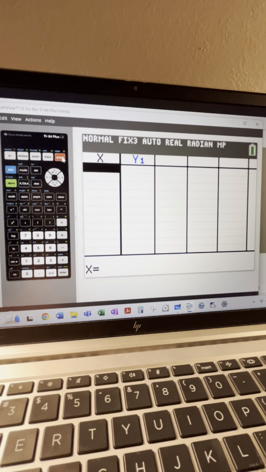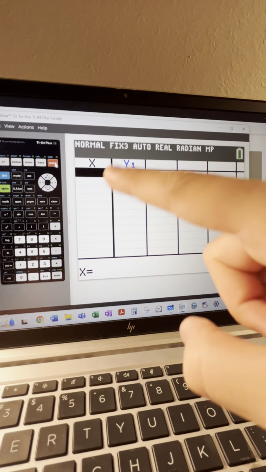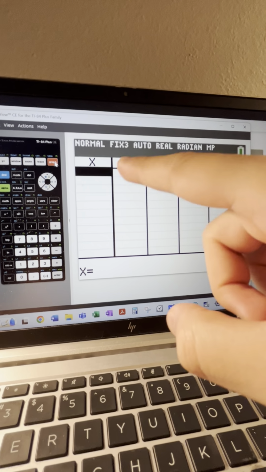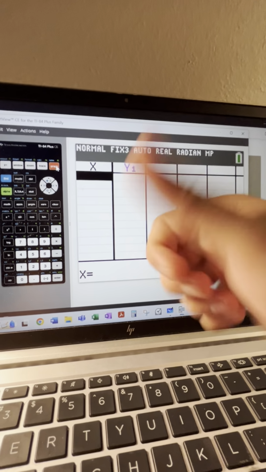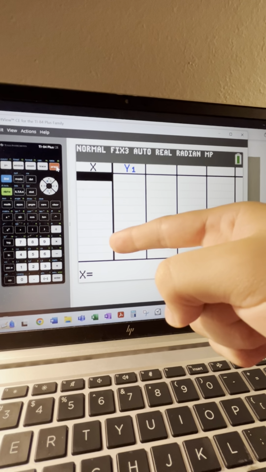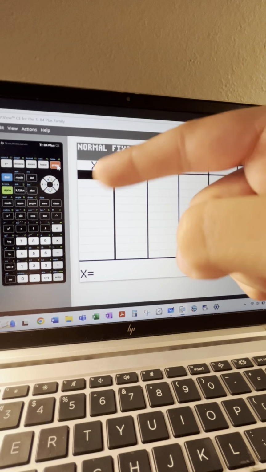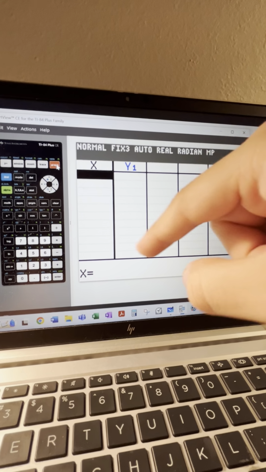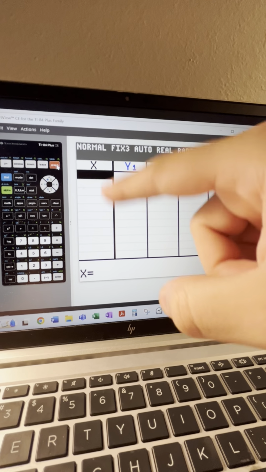That'll bring you to this table. And notice here that there aren't any x values being listed. So that's good. This is exactly what you want to see. So that setting that we changed in the beginning will allow us to enter in any x value that we want.